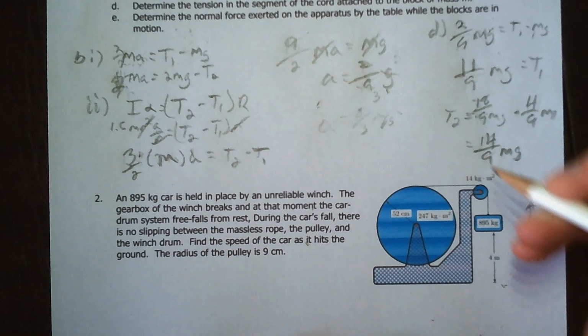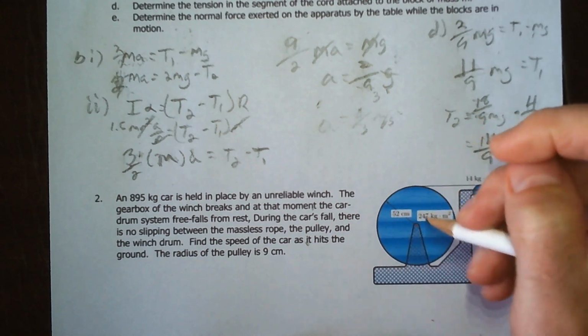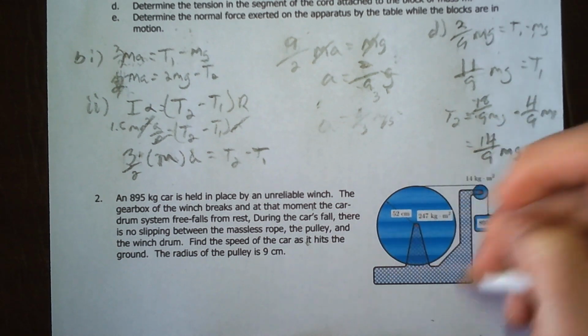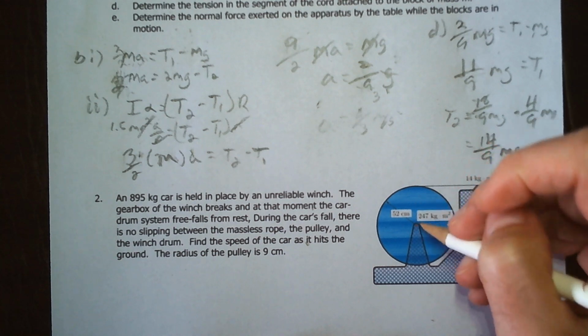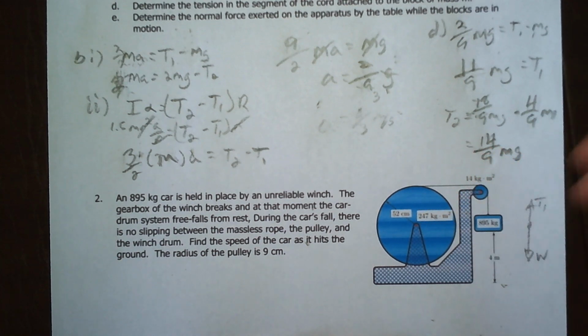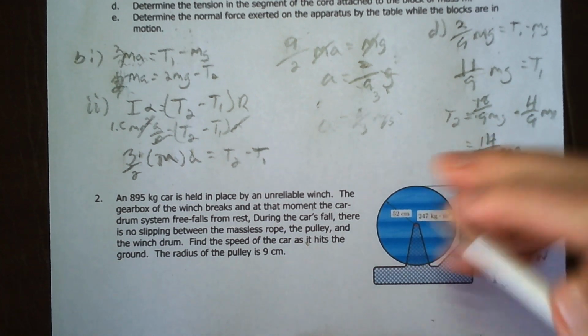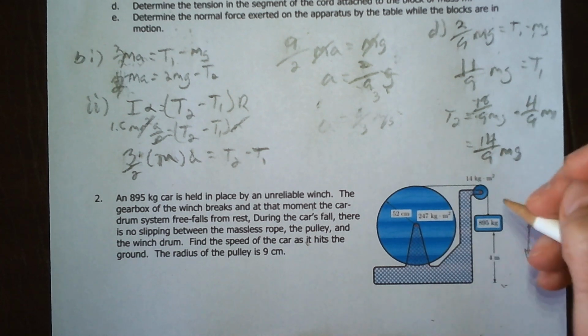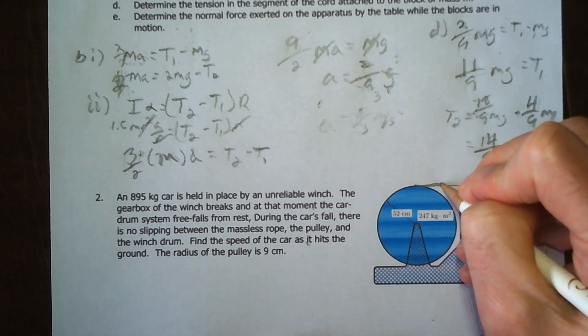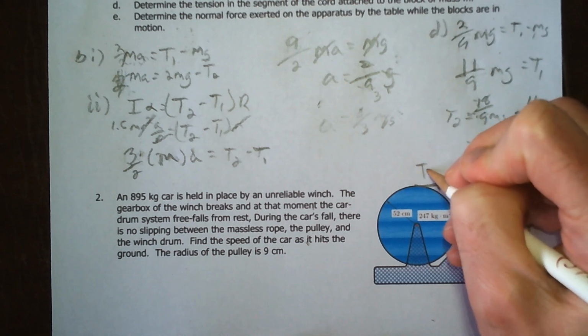I can draw a force diagram for this as well. There would be a force up at the pivot point, but that's not going to really cause the rotation. There's going to be a tension force this way. I'm going to call this tension 2.